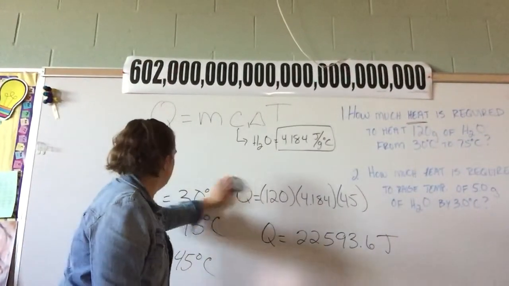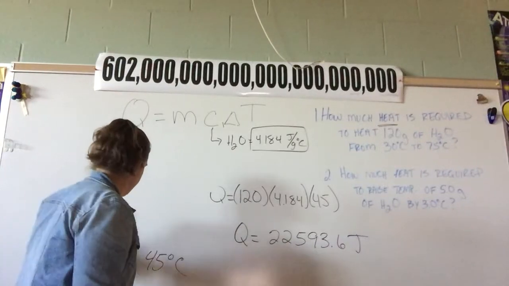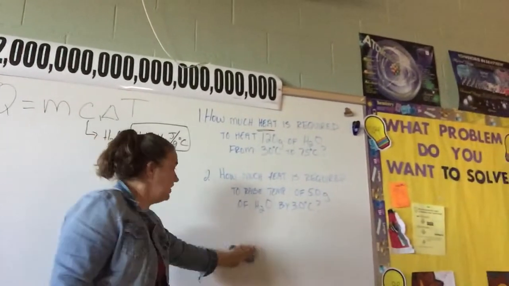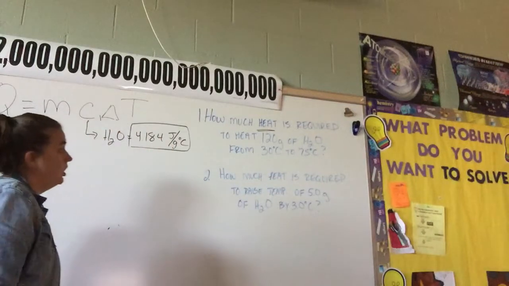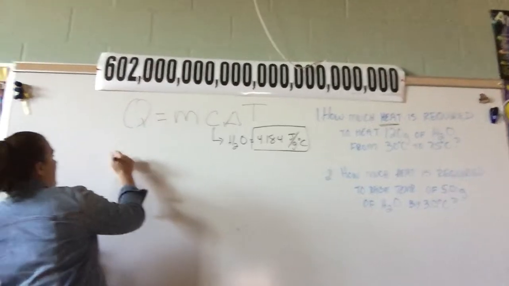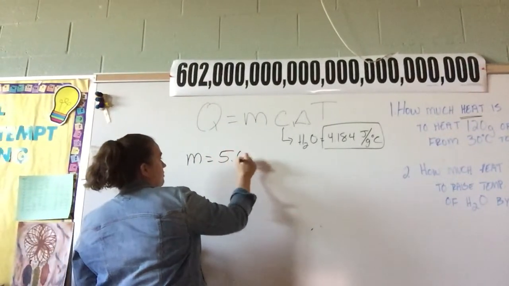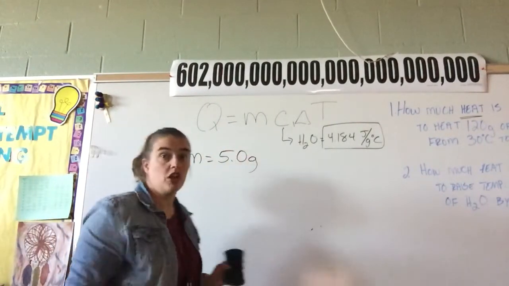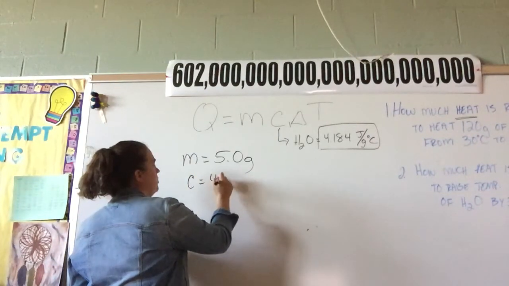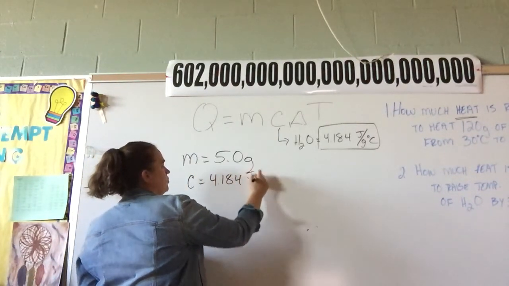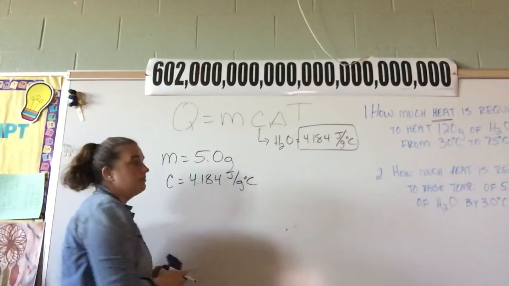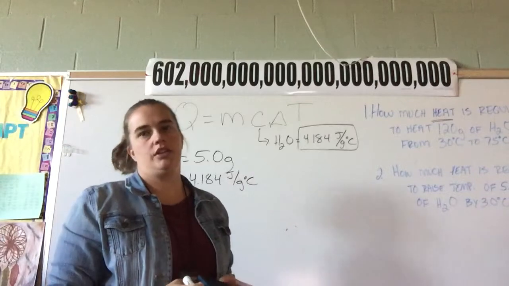So let's look at my next problem. How much heat is required? I'm looking for heat again, so I'm looking for Q. You're required to raise the temperature of 5 grams, so my mass is 5 grams. Since I'm talking about water, we know C. C is 4.184 joules per gram degree Celsius. And I'm changing my temperature by 3 degrees.